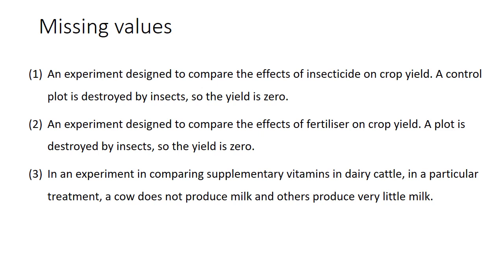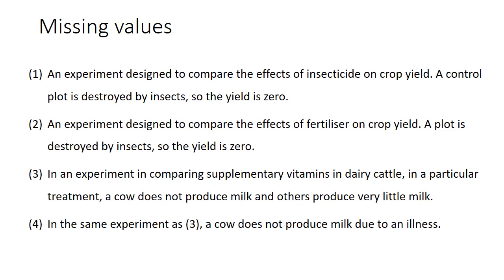A 0. Other cows in the same treatment produce very little milk, so 0 milk production is likely due to treatment. A missing value. This cow does not produce milk due to illness, which is unrelated to the treatment.